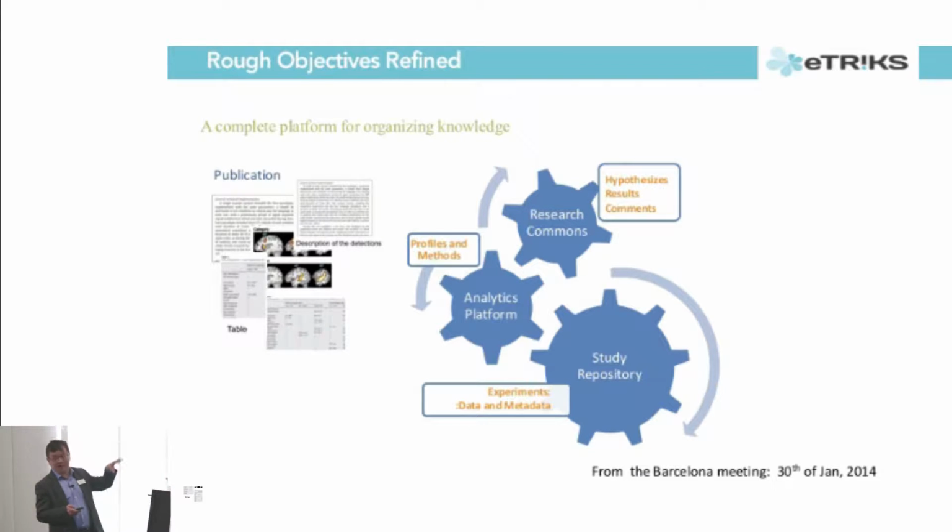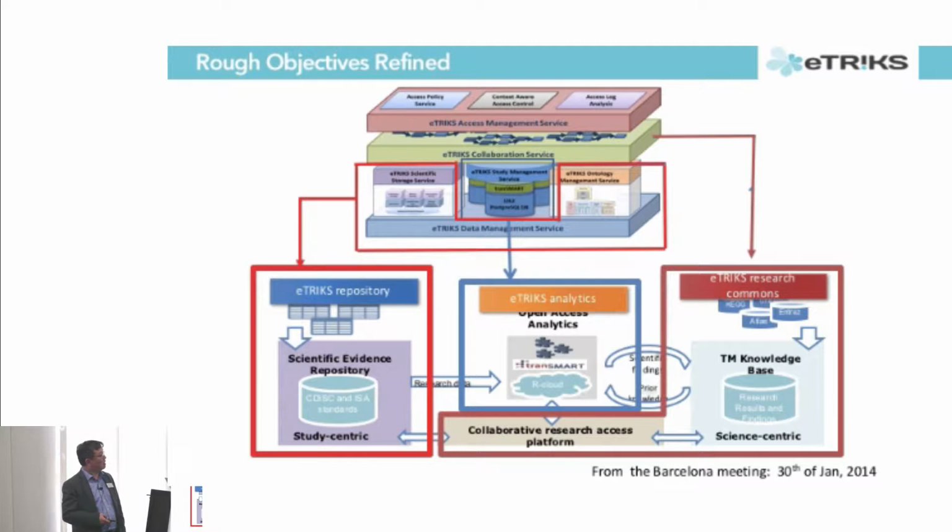And they're geared together, as Chris said; we have to integrate them in a way. And then we make it concrete. So we still have to align with what we proposed. Basically there are three components here. One we have to build, including extending this concept of the scientific storage system to a so-called study repository.